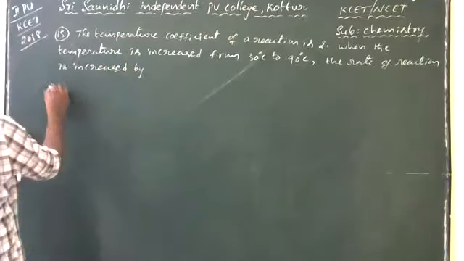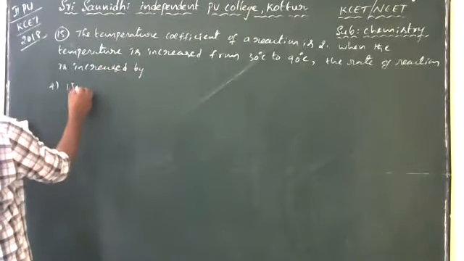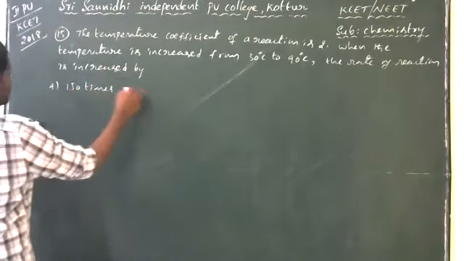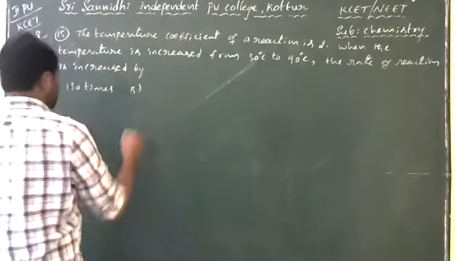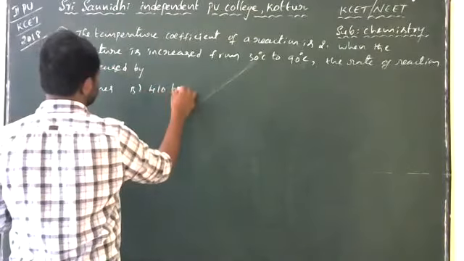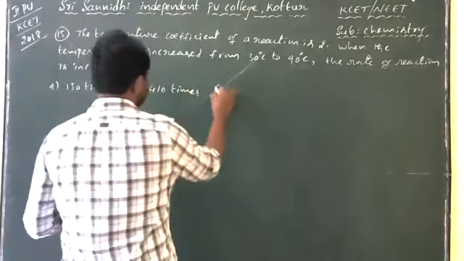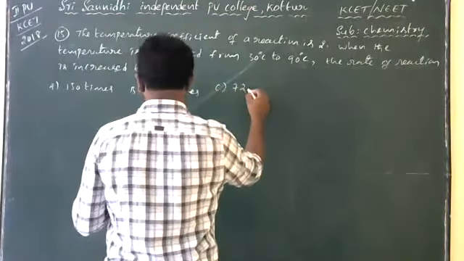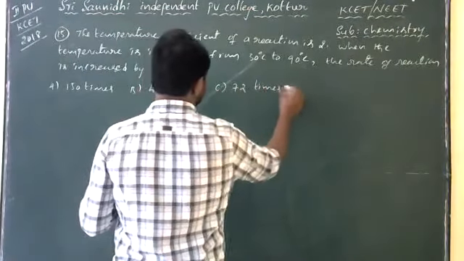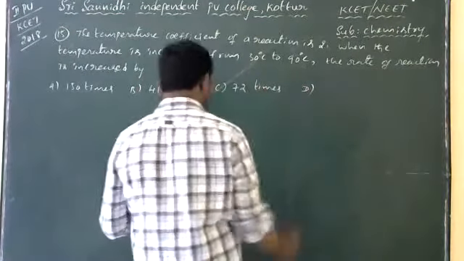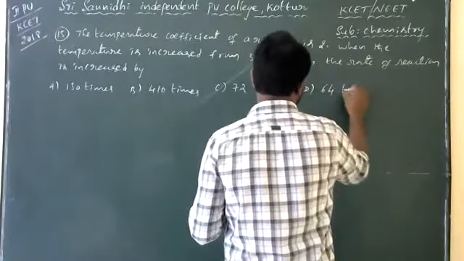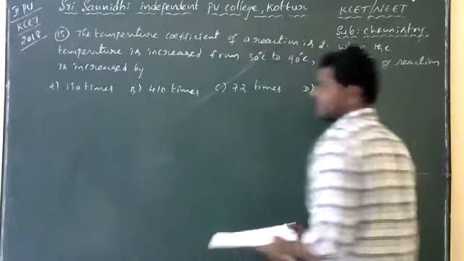Option A is 150 times. Option B is 410 times. Option C is 72 times. Next, option D is 64 times. And which is the question?